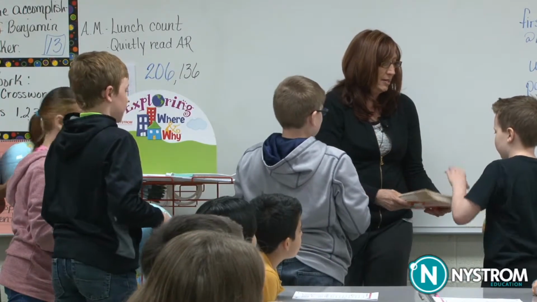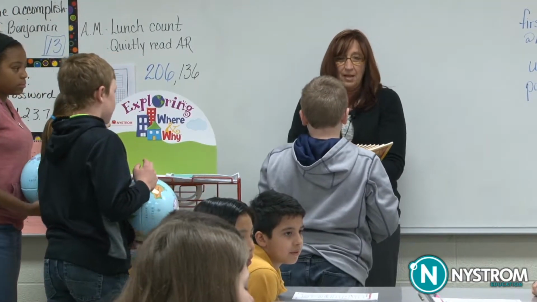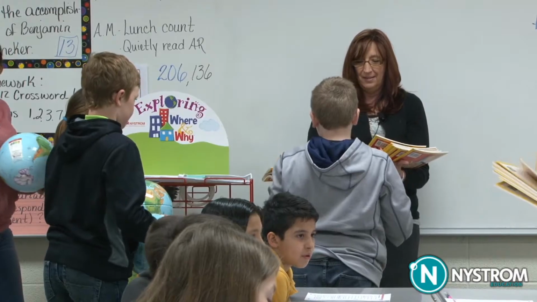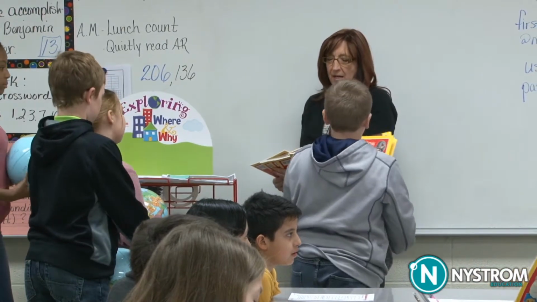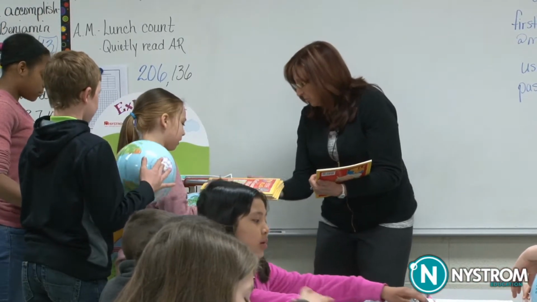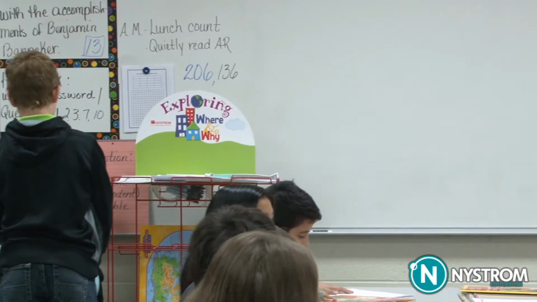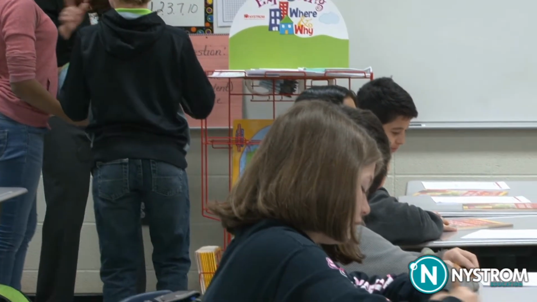One person went out, right? 5. There you go. And how many's in your group? 4. Okay. Now go put those down and then come back and I'm going to give you some more. Great. Put your resources down and come back and I'm going to get some more for you. We're going to do a lot of fun stuff today with our Exploring Where and Why.